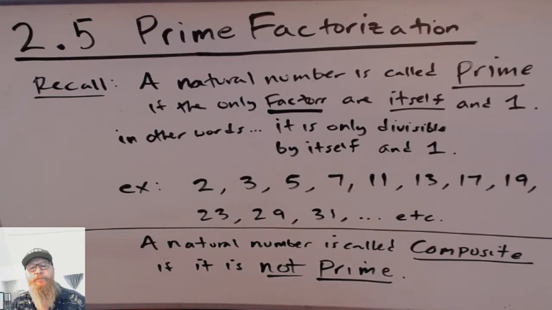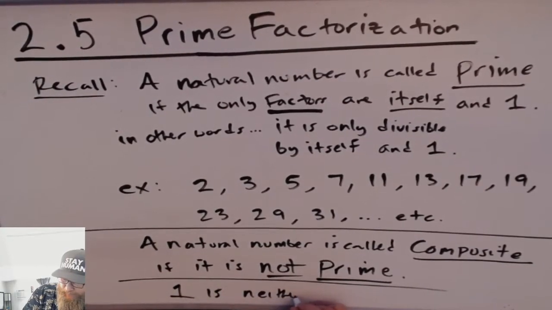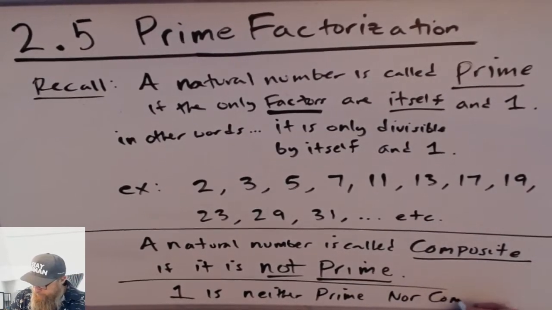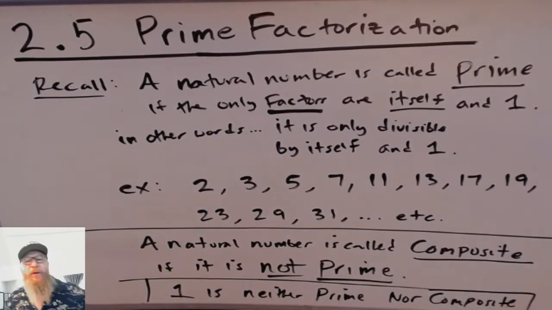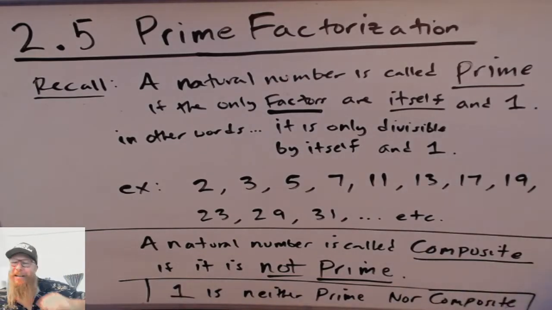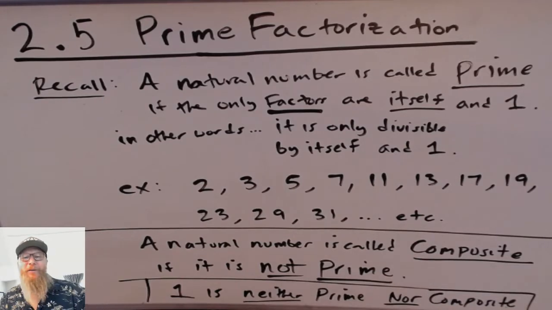And 1 is neither. So just to put that out there right away, 1 doesn't count. 1 is neither prime nor composite, so it's in a category of its own.